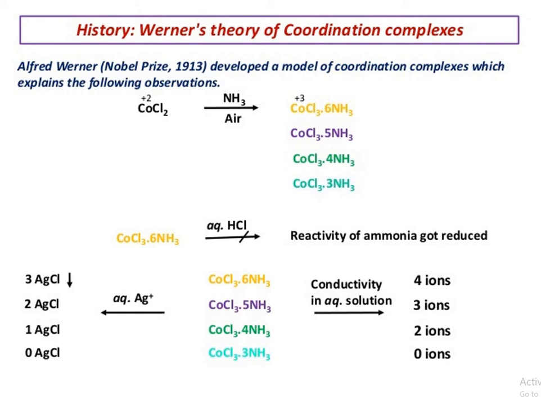The conductivity in aqueous solution also showed the same: the presence of 4, 3, 2 and 0 ions in the yellow, purple, green and blue complexes of these respective formulas.